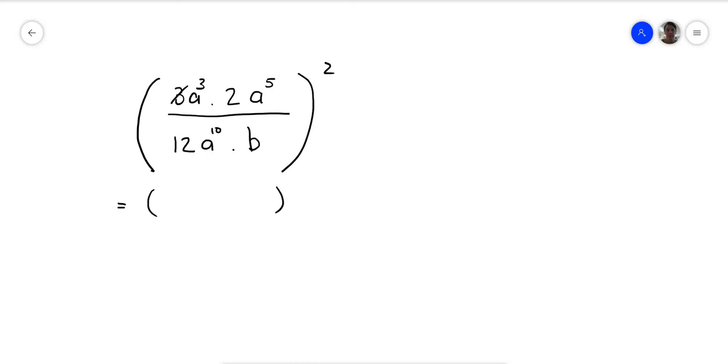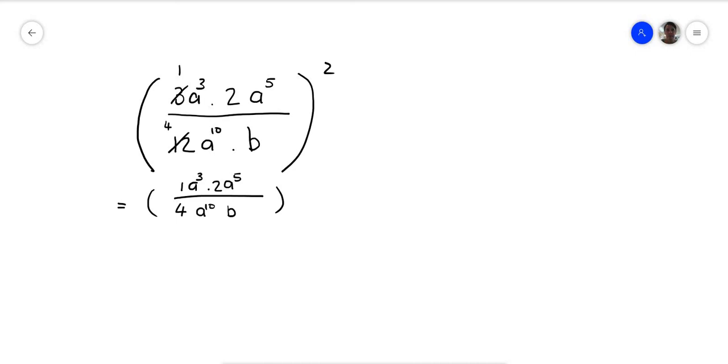Alright, 3 can go into itself once, 3 can go into 12 4 times. So let's start with that. So I've got one at the top and a 4 at the bottom. Let's look at the a's. I still have a to the power of 3 times 2, a to the power of 5, a to the power of 10, b.